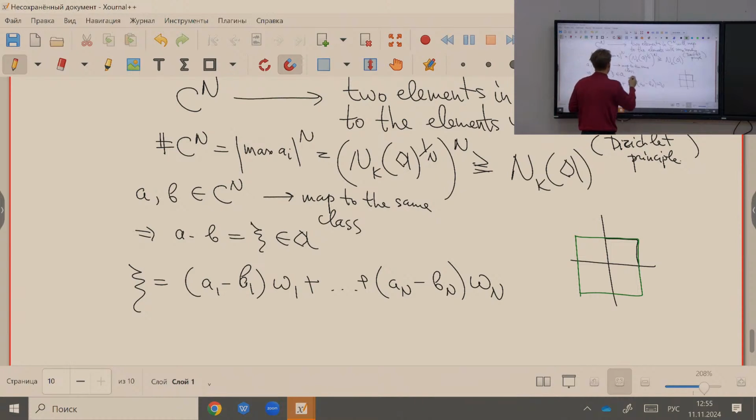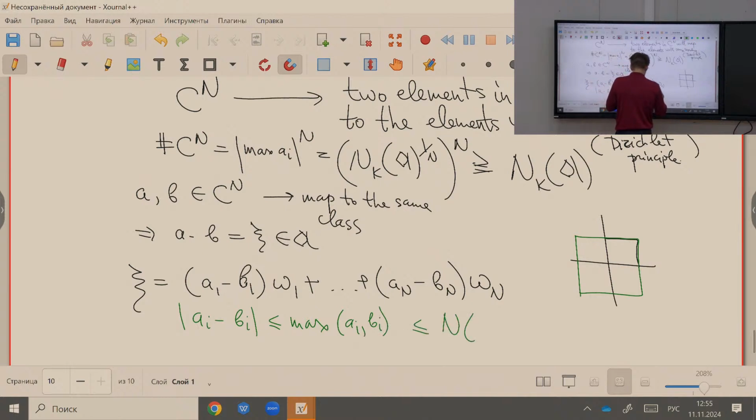So the claim is that |a_i minus b_i| is less or equal than the maximum of a_i, b_i, which is less or equal than N(a) to the 1 over n, plus 1.